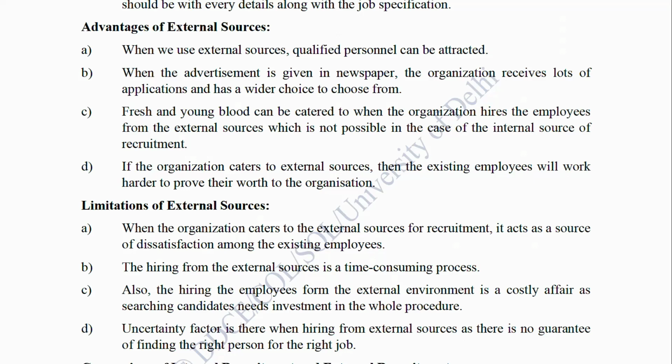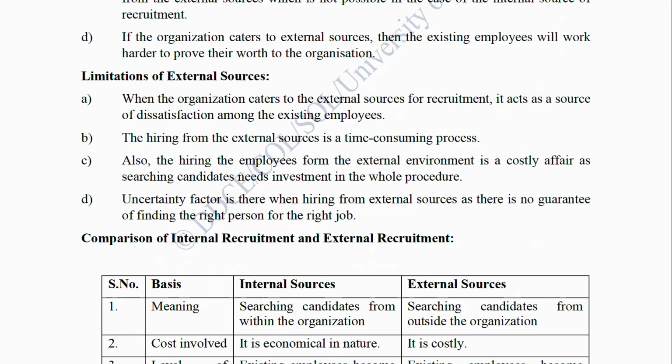Fourth, if the organization caters to external sources, then the existing employees will work harder to prove their worth to the organization. Limitations of external sources. Number 1. When the organization caters to the external sources of recruitment, it acts as a source of dissatisfaction among the existing employees. Second, hiring from the external sources is a time-consuming process.